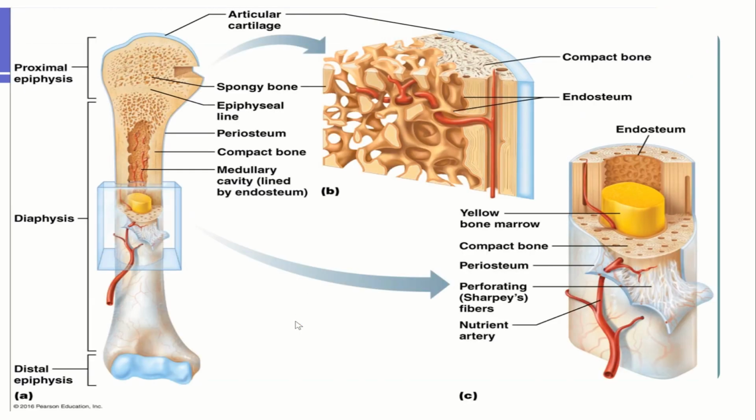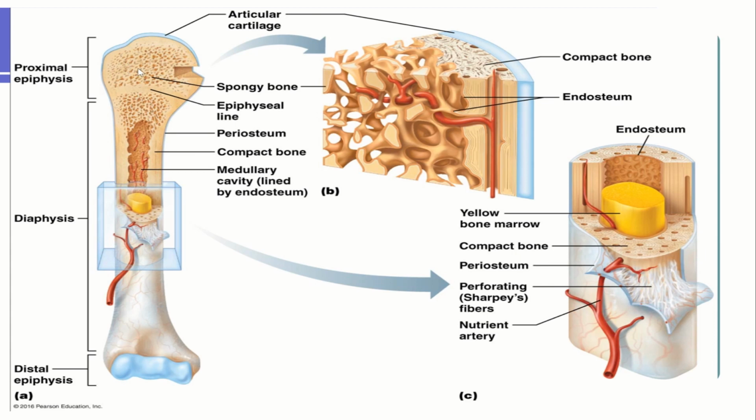So here's what that looks like. You can see the epiphysis at either end, and then the diaphysis in the middle. And as we break that down, you can see we have the fatty yellow bone marrow in the middle, in the medullary cavity. That's this gap right here.